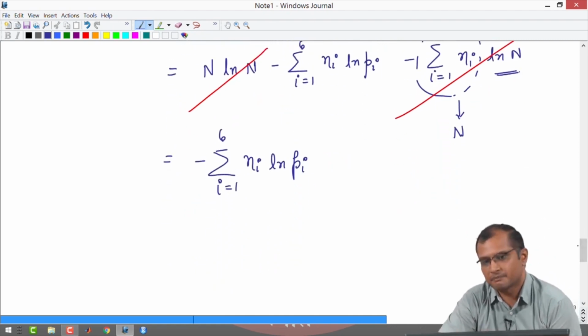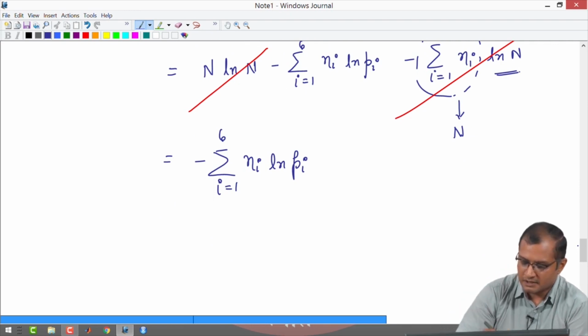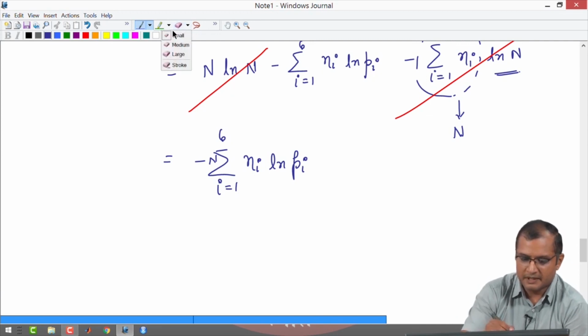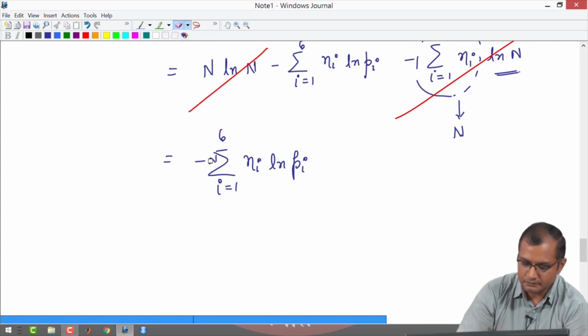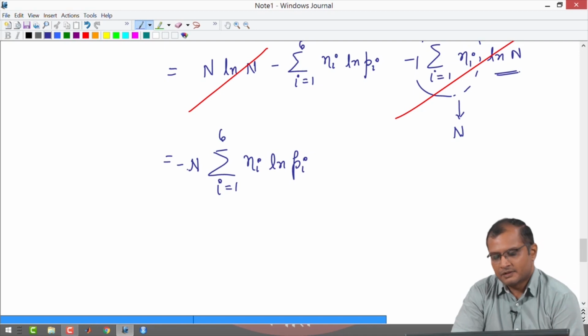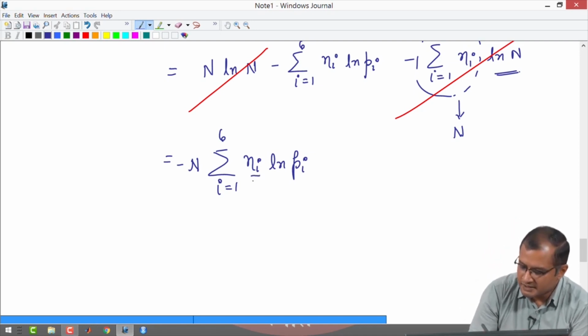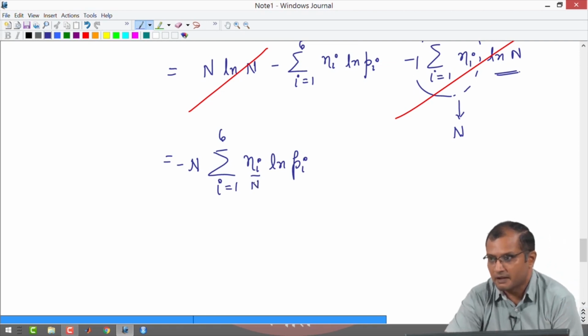Now, we are just one step away from our final expression. So, what I am going to do is multiply by n and divide by n. So, I have multiplied the entire thing by n and I have divided each term in the summation by n, same thing.